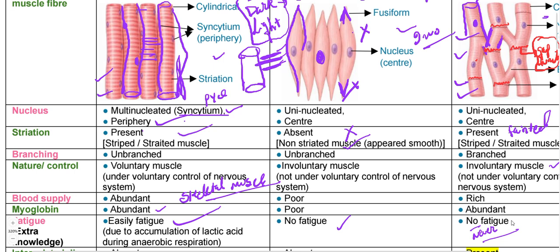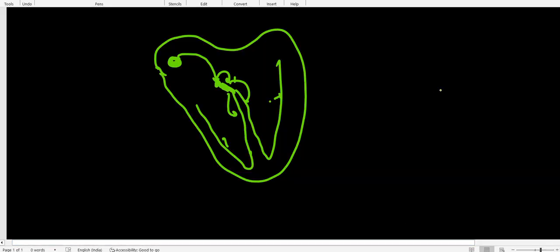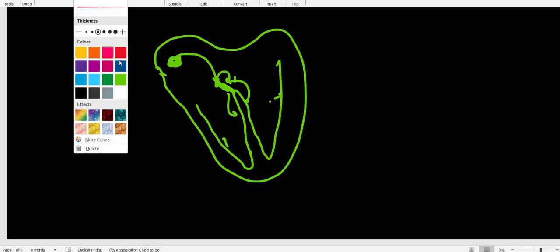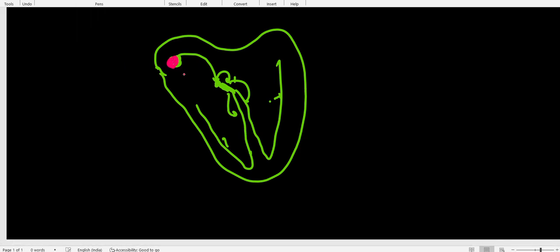So if you remember, see here. This is your SA node. This is your AV node. Then you have an AV bundle. Then you have the bundle of His. Then you have a Purkinje fiber, right?